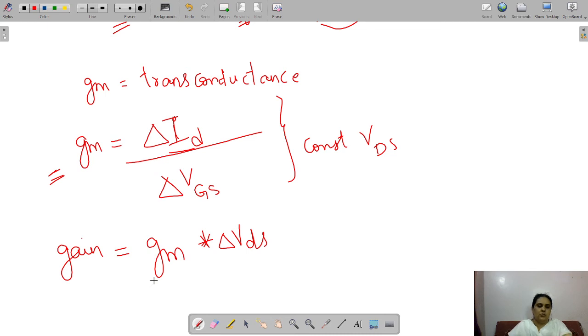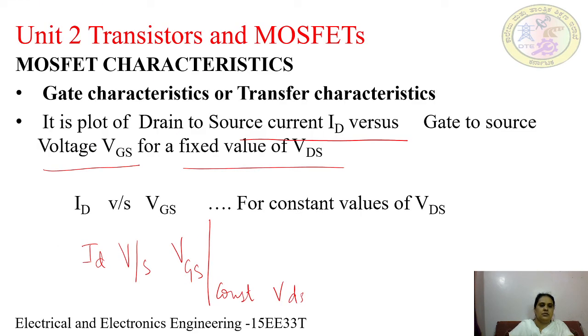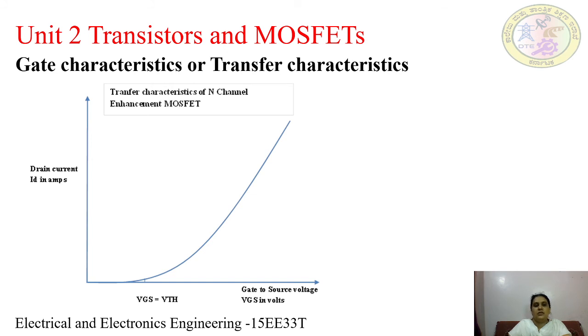So let us go back to our slide. This is the transfer characteristics, which we already discussed. Until VGS is equal to VTH, the MOSFET will be off, then it will be on. Here we get two conditions.